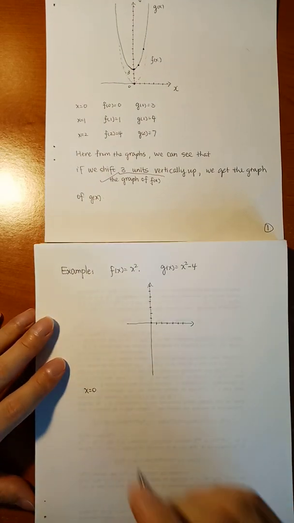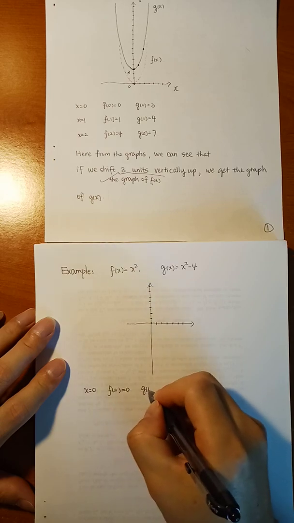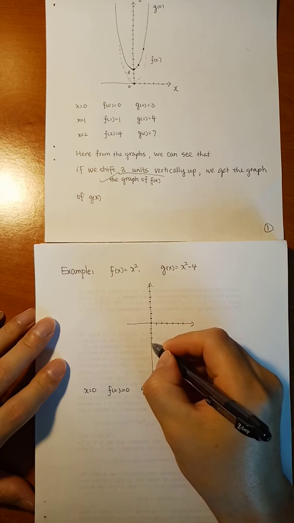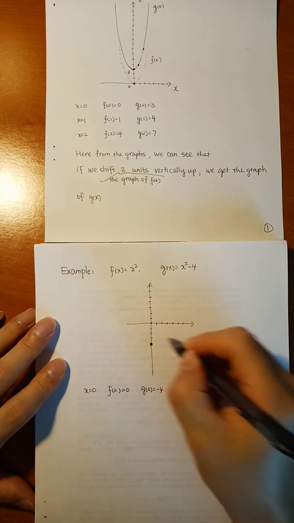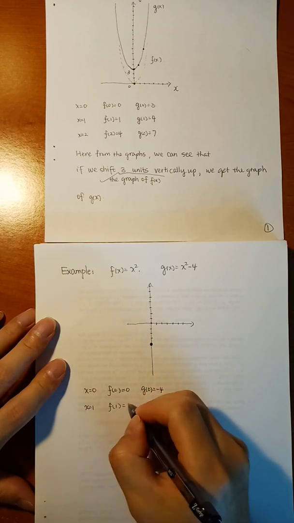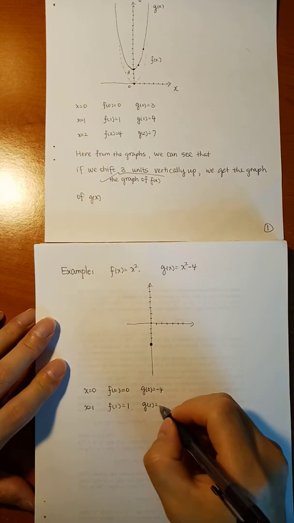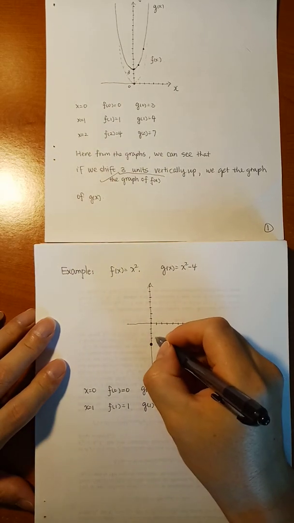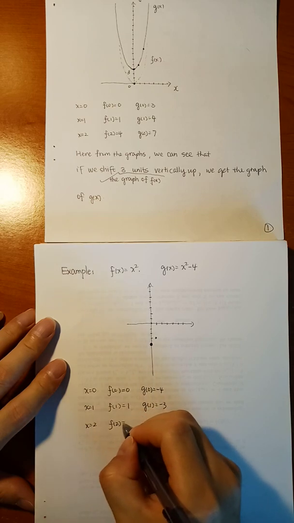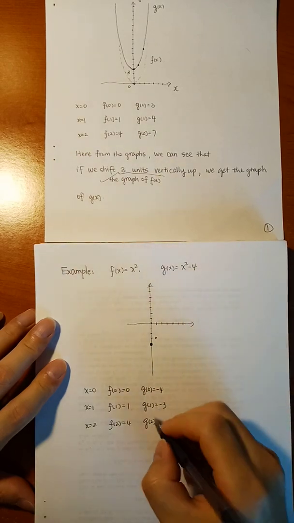X is 0, then f(0) is 0, and g(0) is negative 4. 1, 2, 3, 4, negative 4. And when x is 1, f(1) is 1, and g(1) is 1 squared minus 4 is negative 3. When x is 2, f(2) is 4, g(2) is 2 squared minus 4 is 0.